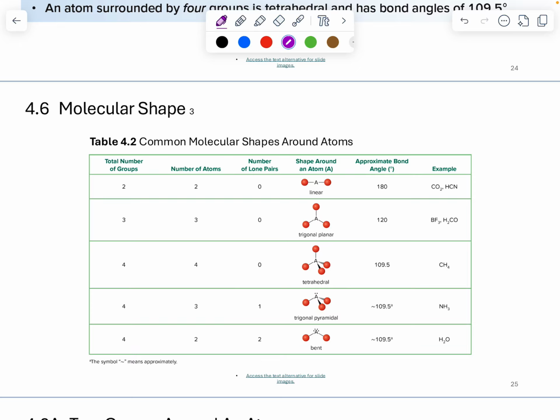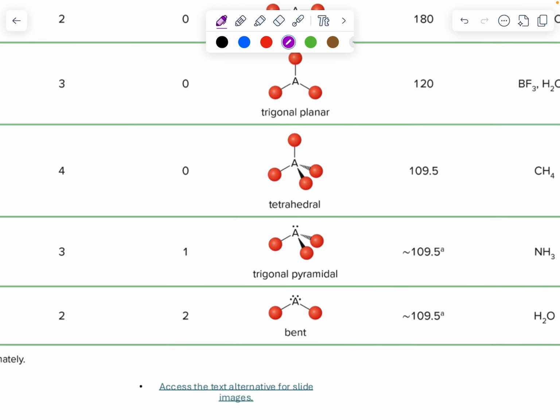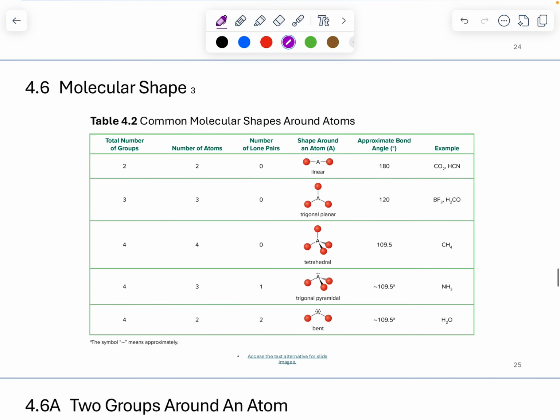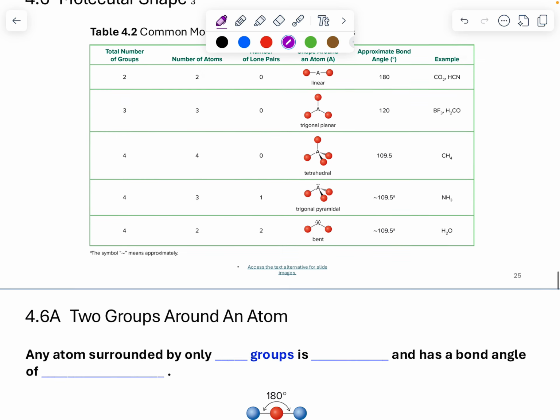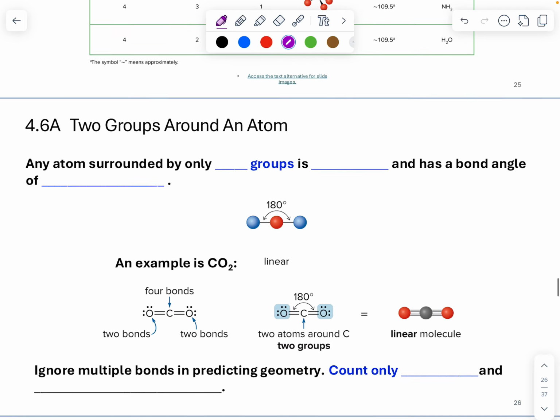And again, it changes the bond angle. Whenever there's lone pair electrons, it decreases the bond angle, and the shape here is called bent. So water is a prime example of a molecule that has a bent shape. In Alex this week you're going to be doing a lab that introduces you to some of these shapes, and so this table might become very helpful to you.